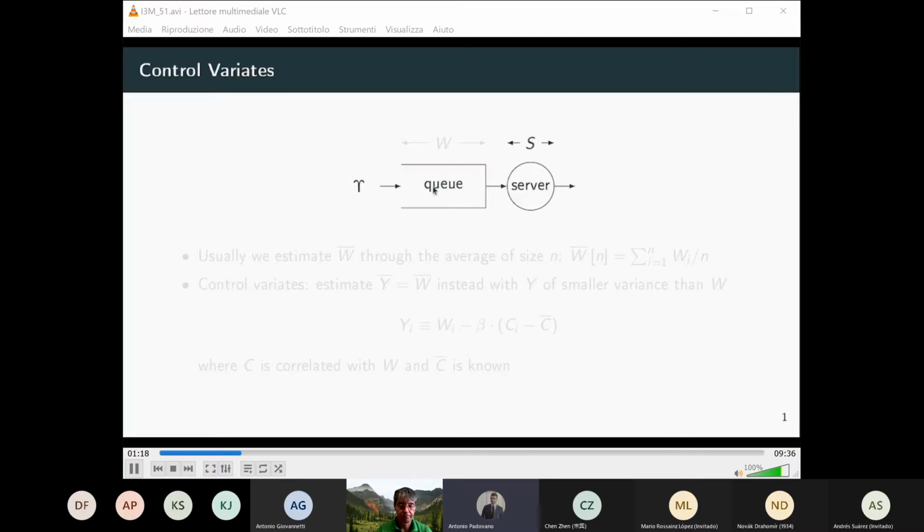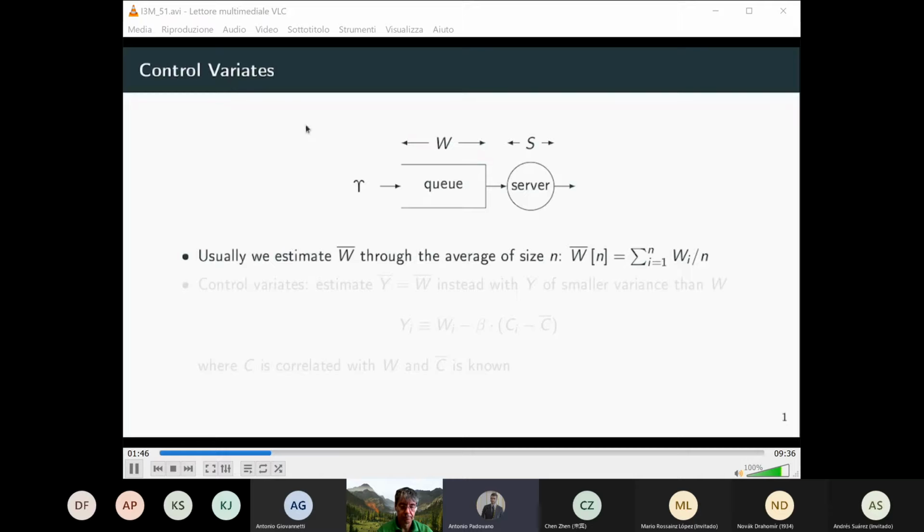In this queue, we are interested in studying the queue waiting time. More precisely, we want to estimate the mean value of the queue waiting time, and usually this is done through the average of several of its random variables.